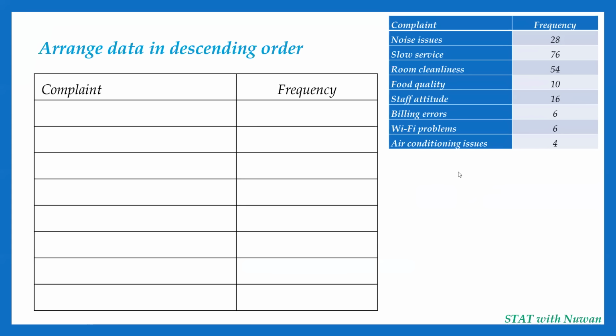The most serious complaint with the highest frequency is slow service, with a frequency of 76. Then the highest is room cleanliness, with a frequency of 54. The third one is noise issues, 28.